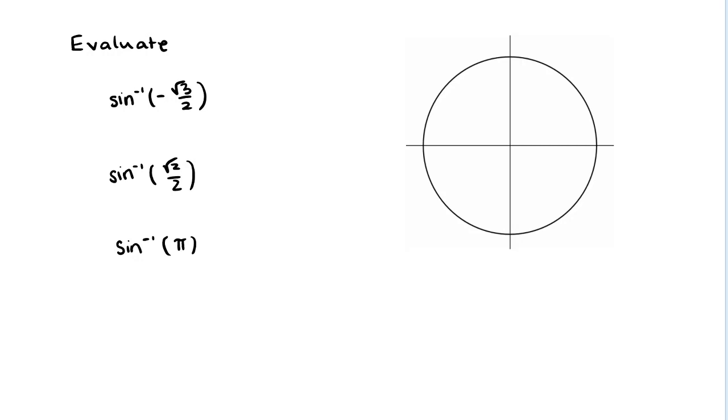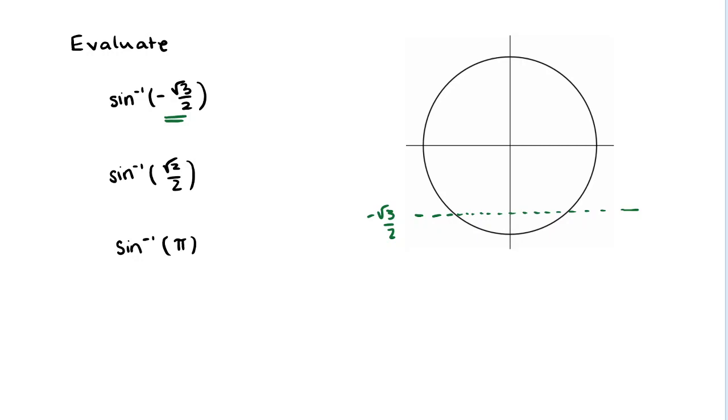And so if we use our unit circle to try and evaluate sine inverse, for example, if I'm trying to evaluate sine inverse of negative square root of 3 over 2, this is saying the y coordinate on the unit circle is negative square root of 3 over 2.